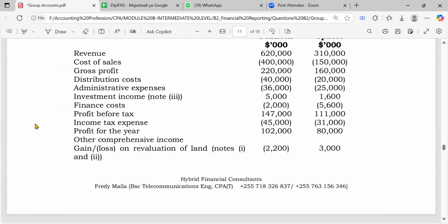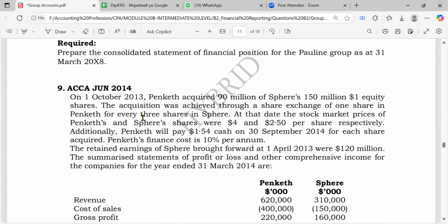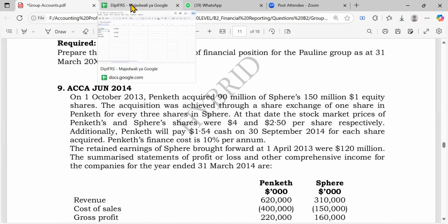I think the information was given. Look, we acquired 90 million shares out of 150. So this question is very clear. We already know the number of shares of non-controlling interest. It would be 60 million, 150 minus 90. Or you could say, this question is a bit different. It's also direct. Or you could say, percentage: we're owning 60%, so 40% is for NCI. So 40% times 150.